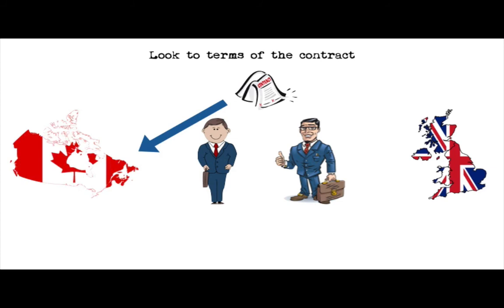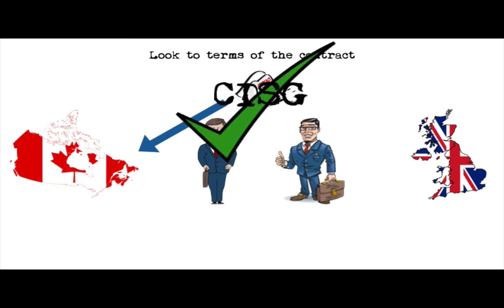So if the contract says that they will apply Canadian law to the agreement, and Canadian law adopts the CISG as it does, then even though our friend on the right here is from a non-member state, the CISG can still apply. It's a bit of a complicated topic. Take your time with it, go through the readings, and make sure you understand, and let me know if you have any questions.